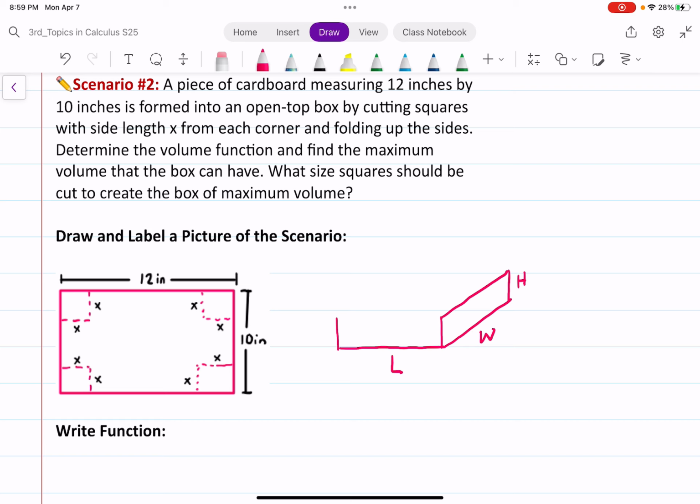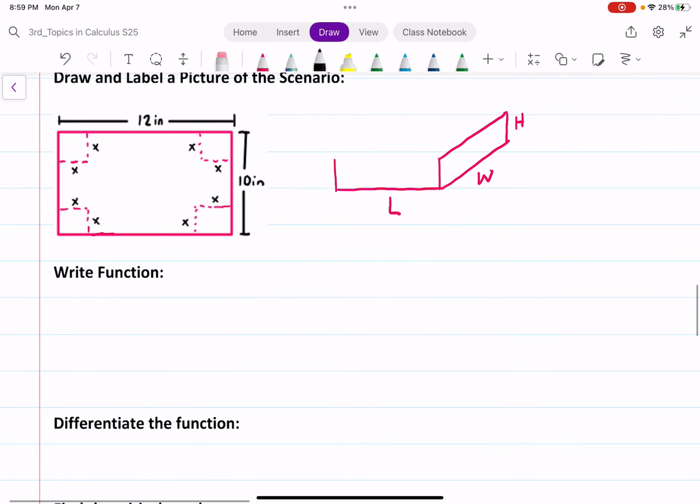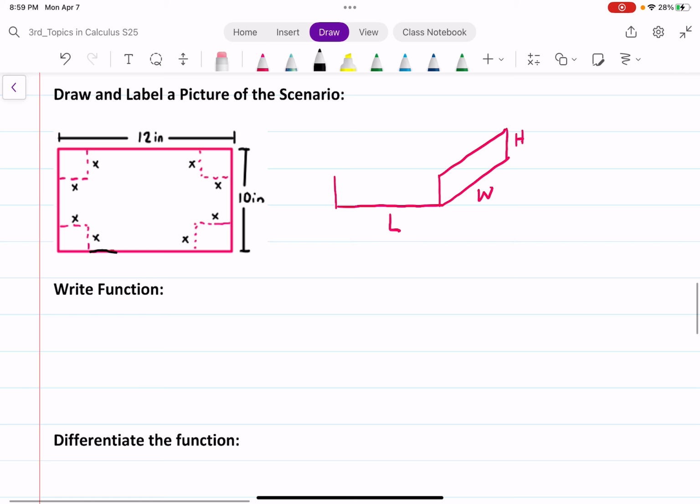Well, since the entire thing is 12 by 10, but it cuts out two x's, our actual length is just 12 minus 2x. And our actual width is 10 minus 2x. And then our actual height is just x, right?